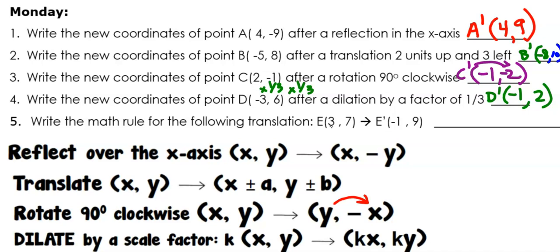There's nothing I can multiply 3 by to make a negative 1, so this must be a translation. So we can look at our rule here and see that the 3 has turned into a negative 1. So that must mean that we subtracted 4. And our y has turned into a 9. So that must mean that we added 2.